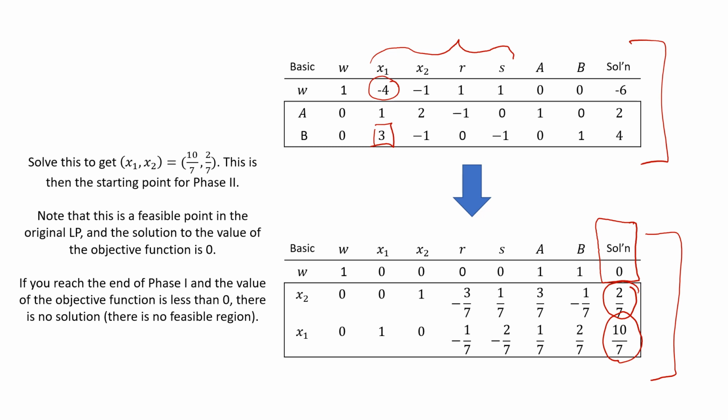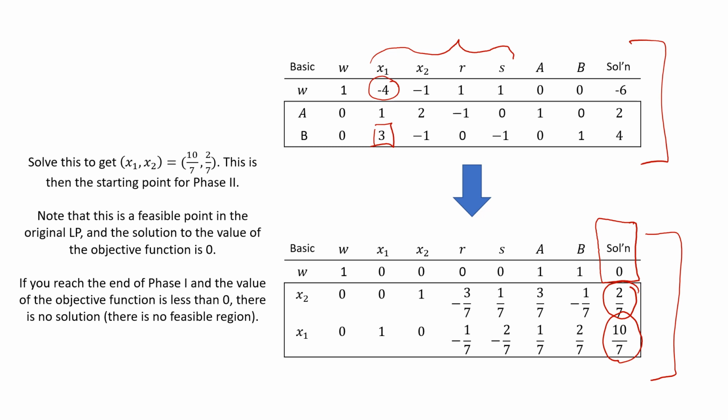If you can't get that solution equal to 0, that means that either A or B is non-zero. That means you do not even have a single feasible point in your region. It means that your constraints contradict each other. You have no feasible region. So at the end of phase 1, make sure that your solution is equal to 0.